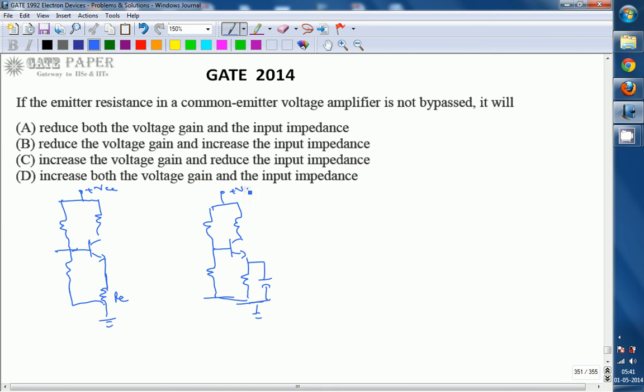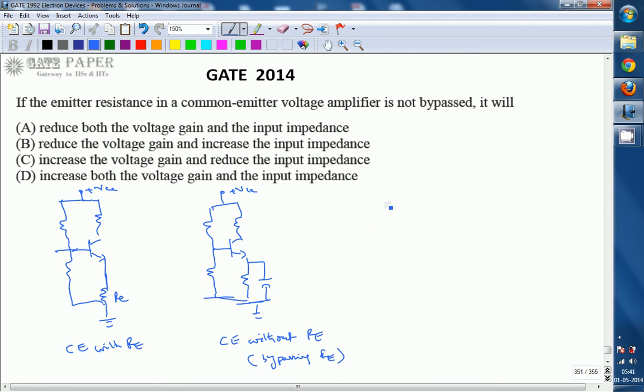So this circuit is going to be called CE without RE, or CE bypassing RE, whereas this is CE with RE, which is nothing but RE is not bypassed.